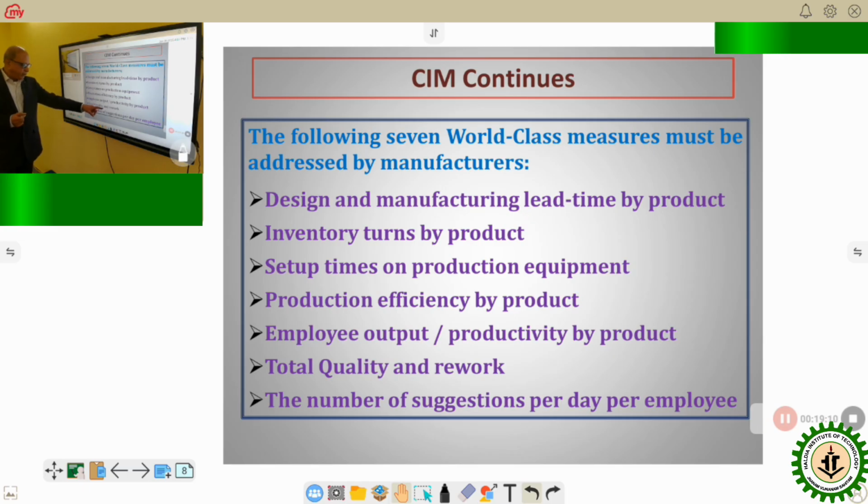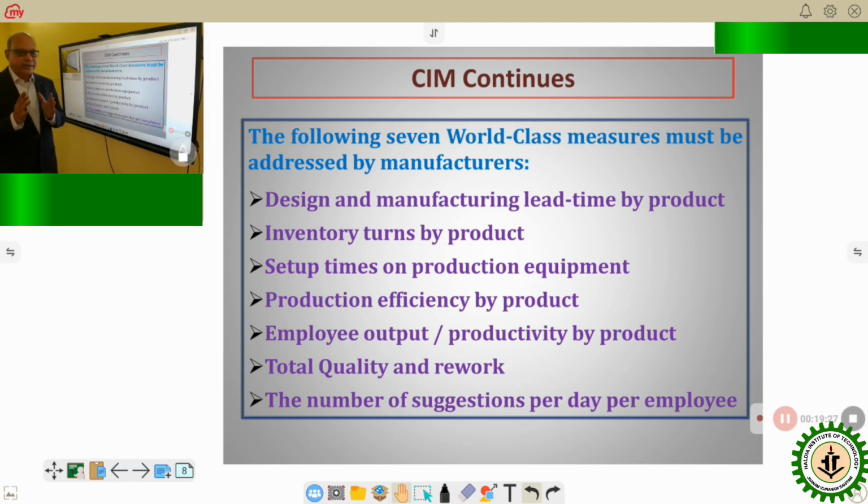Total quality and reward. In current days, we cannot follow the so-called post-mortem type inspection system. Rather, we have to follow total quality management. That means quality should be imbibed into the system.